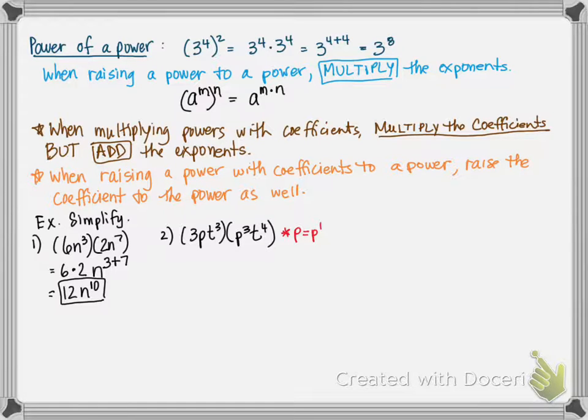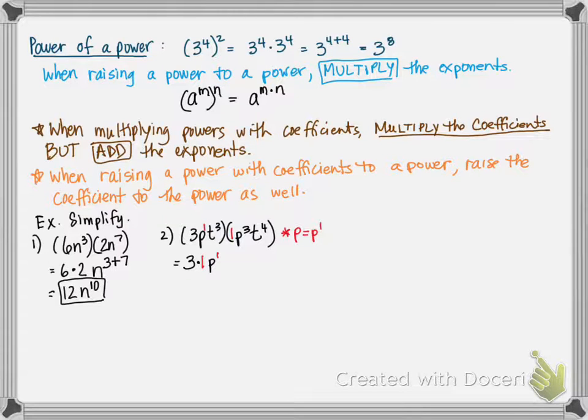Super important you see that. Okay. So we're going to do what we did before. I have 3, and the coefficient on the second one is 1. So we're going to do 3 times 1. Now on the p's, again, when I don't see the exponent, it is 1.